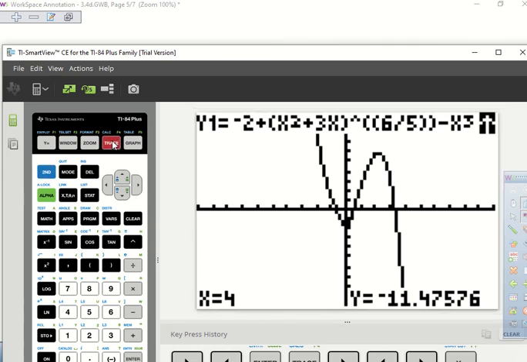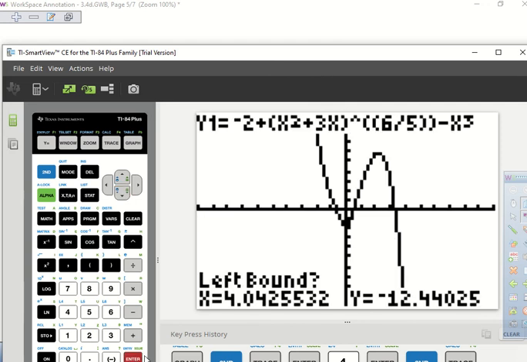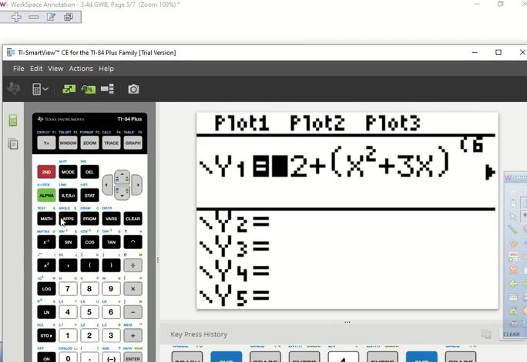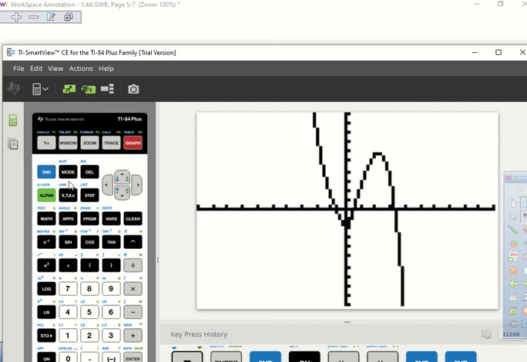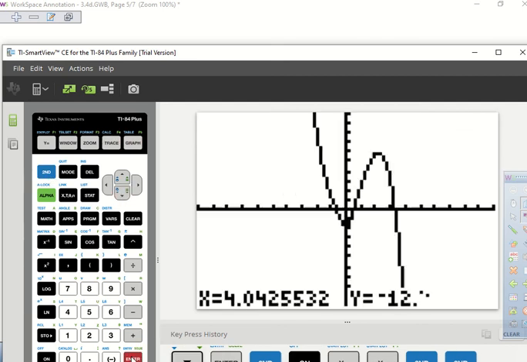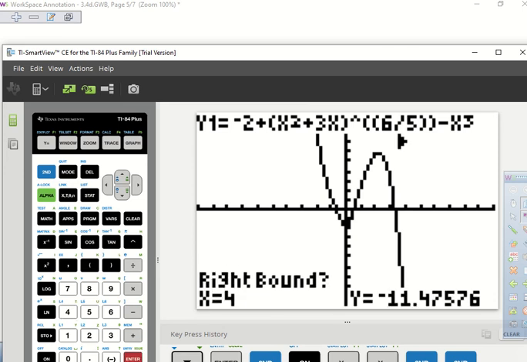So you're going to hit second, trace, and you're going to get a list. And you're going to go down to the second option where it says zero, and you hit enter. Mine doesn't do it because I had to do it twice in a row, so hang on. So you go to graph, second calc, you type in 0, and then you hit what 0 you want, and it should give you negative 11.4.